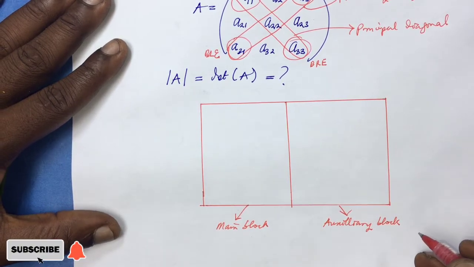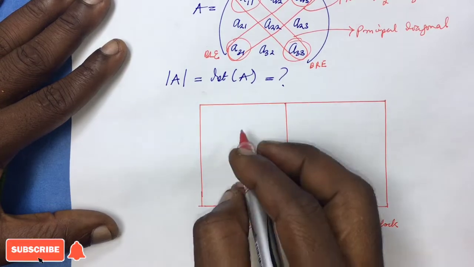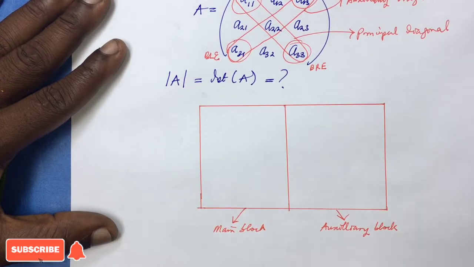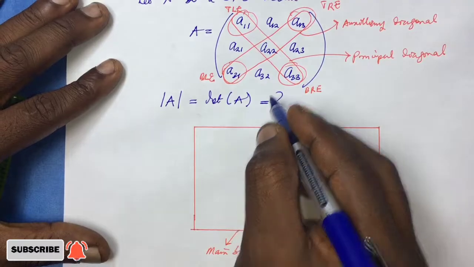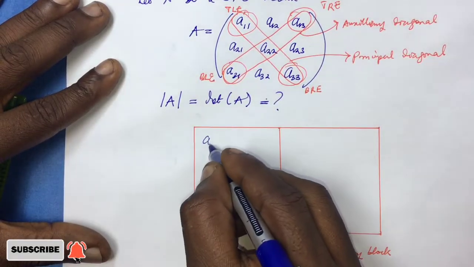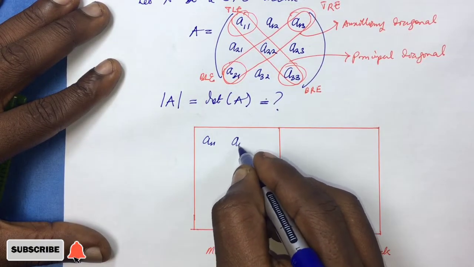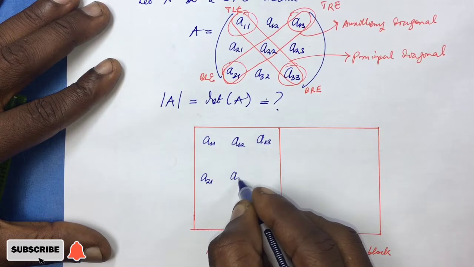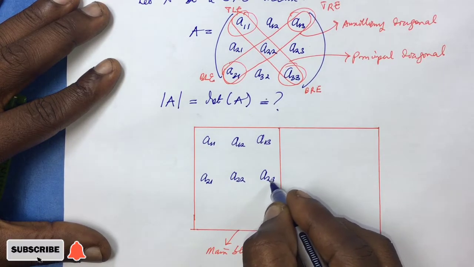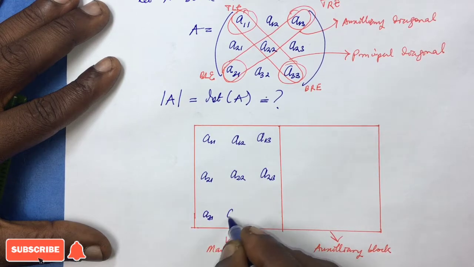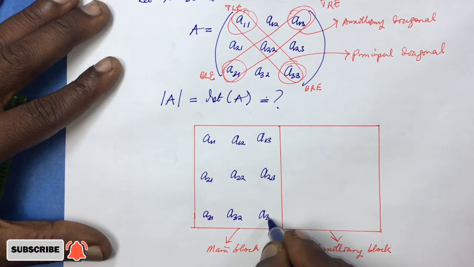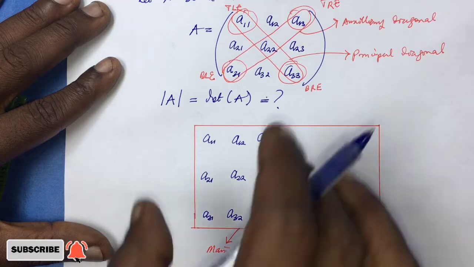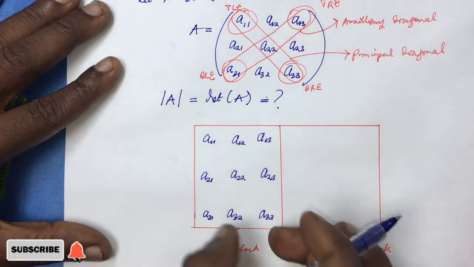Now, for using the method of Sarrus, bring all the elements as they are in the 3x3 matrix: A11, A12, A13, A21, A22, A23, A31, A32, A33. Bring them here in the main block.